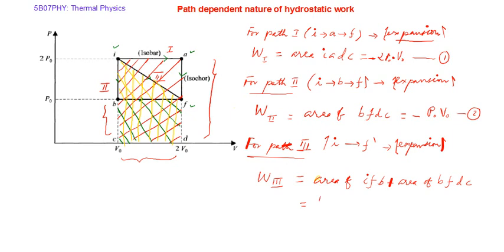You can take any base. So you know this side is 2P0 minus P0, that is equal to P0, and this side is V0, so it will be equal to half into P0 into V0. I should of course take it as minus, it doesn't matter, let me calculate the magnitude first and finally put up the sign convention.